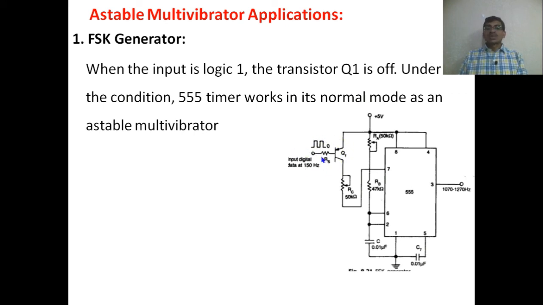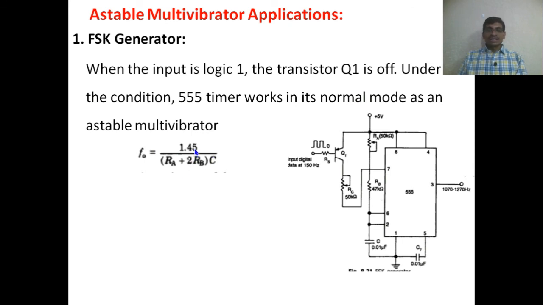For the positive voltage, the Q1 will be off, under the condition that the 555 timer works in its normal mode as the astable multivibrator. So we can neglect this entire circuit and this astable multivibrator will run at its specified frequency given by RA, RB and C, which is F naught is equal to 1.45 divided by (RA plus 2RB) into C.